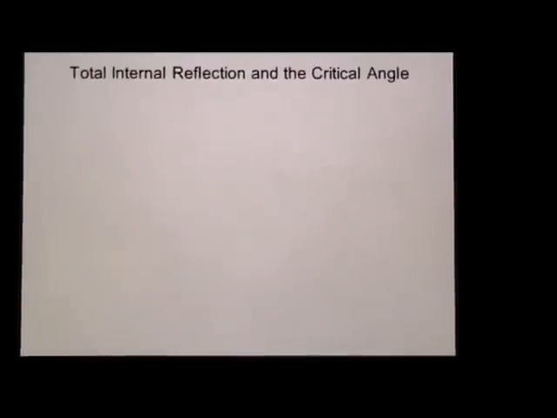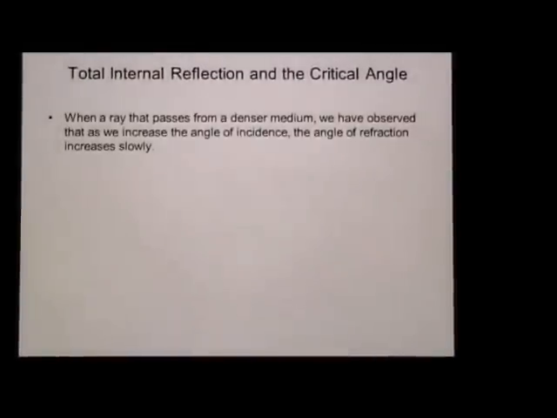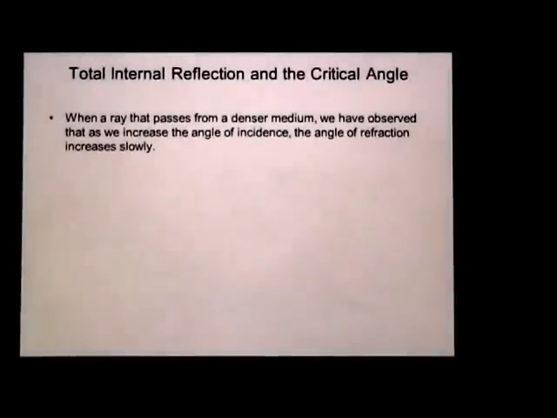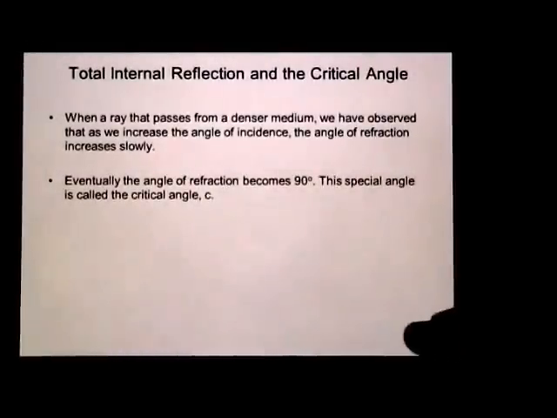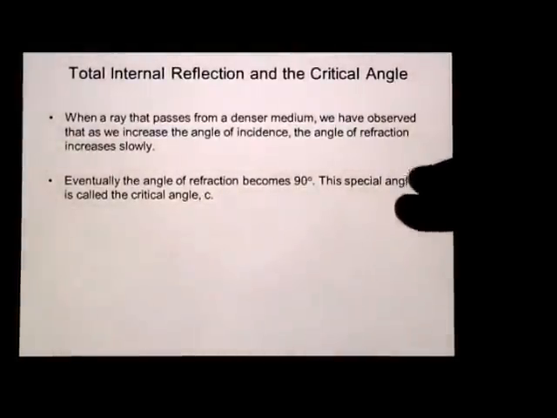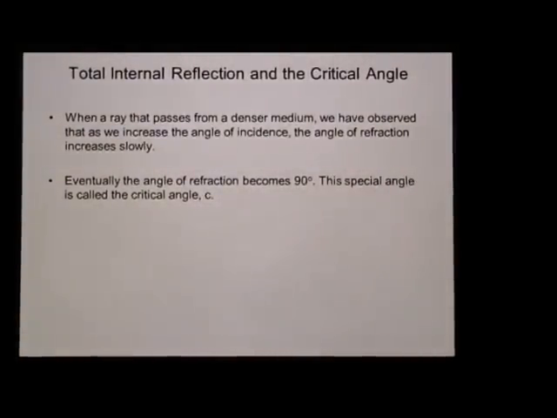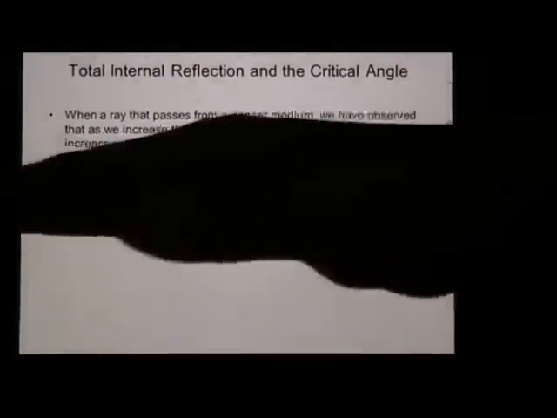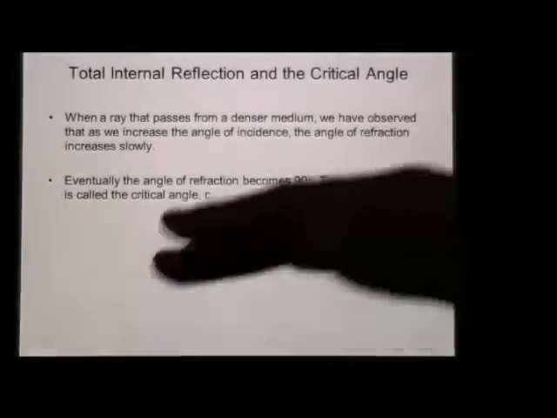Now let's do a recap. When the light ray is passing from a denser medium, we observe that as we increase the angle of incidence, the angle of refraction will increase slowly. Eventually the angle of refraction will become 90 degrees, and that is when the light ray will just go through the two medium separation.